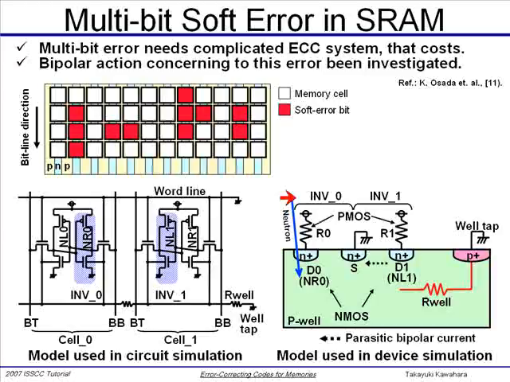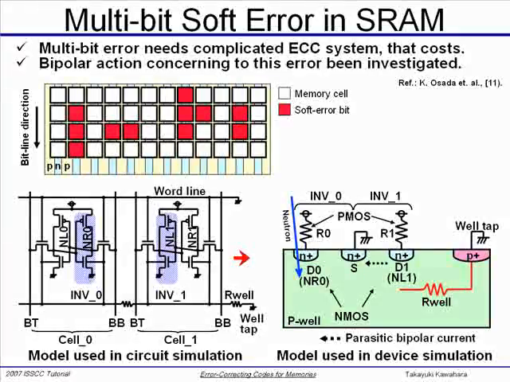This creates a large number of electron hole pairs that damage not a single bit, but multiple bits. So this is a figure of the memory matrix with the red parts broken by the soft error. This is a very serious problem.